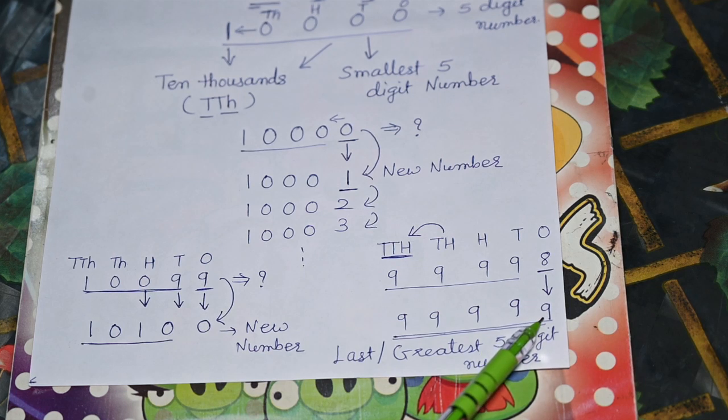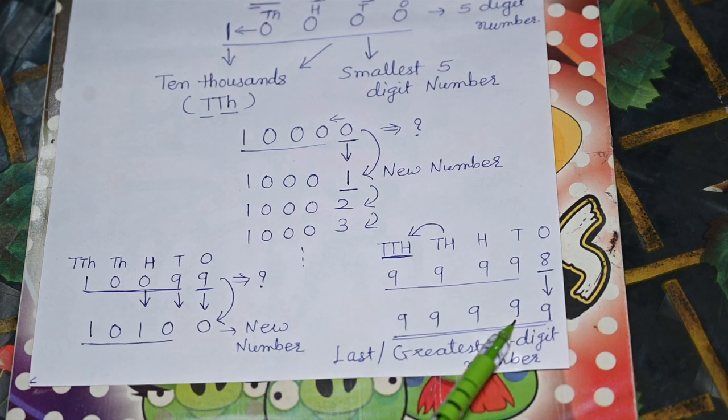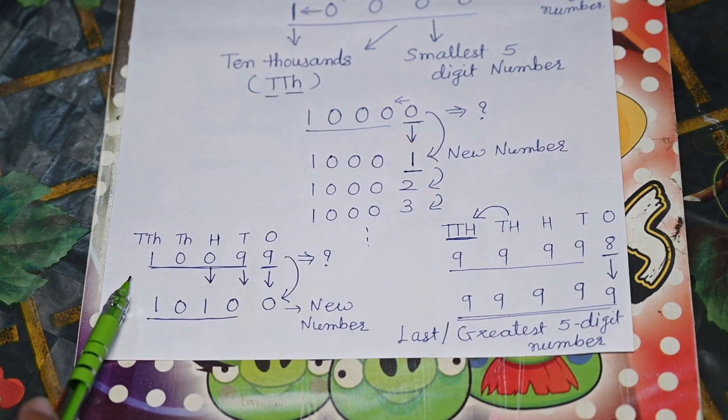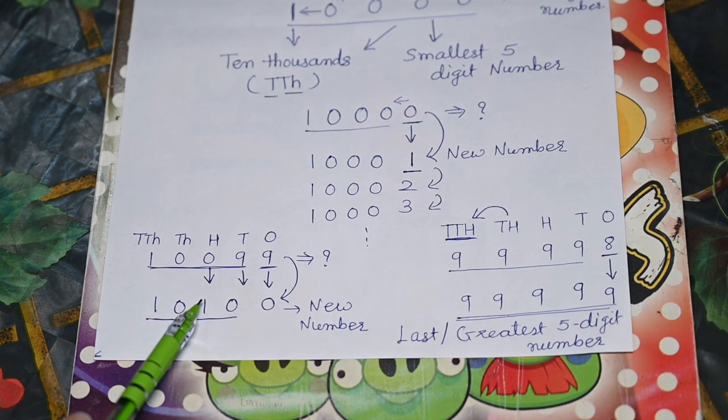So we write 9 here and the rest of the digits to the left remain as they are. So the whole number is 99999, 5 times 9. This is the last 5-digit number and you can also say that this is the greatest 5-digit number. So here we see how we can write the different 5-digit numbers.